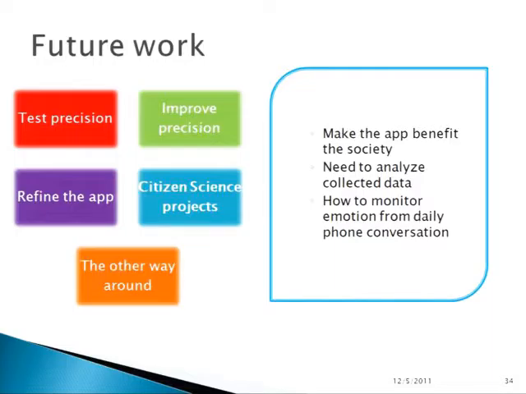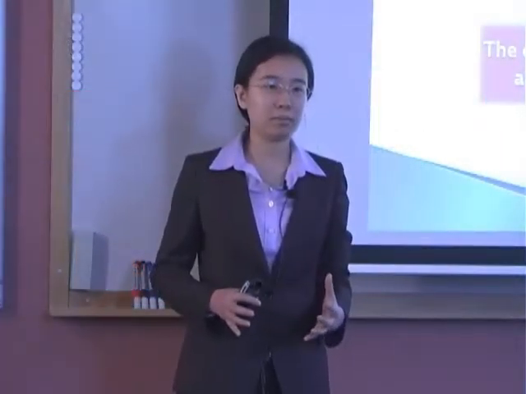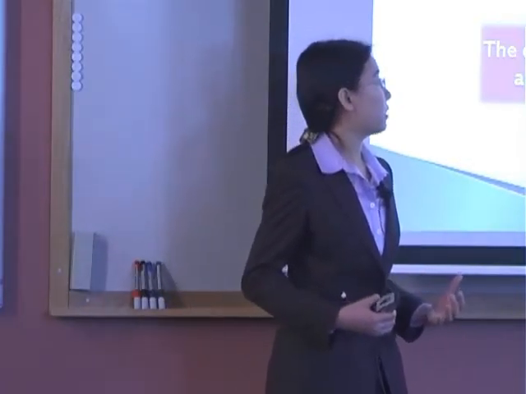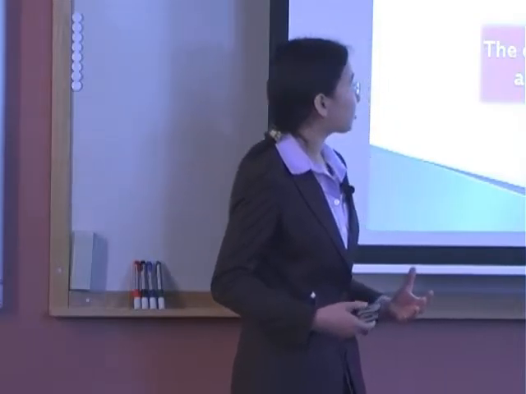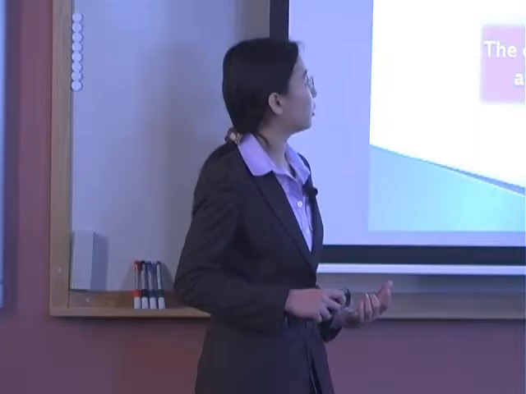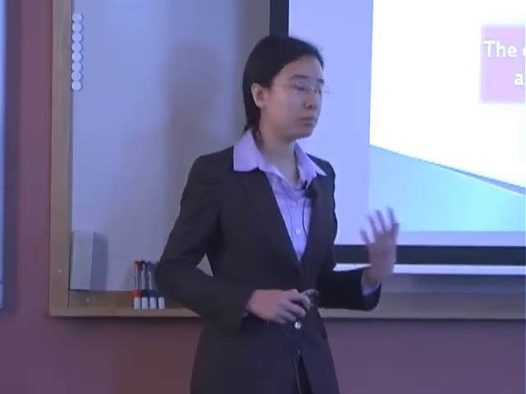Also, this app now is only a standalone app, so we want to integrate that to a real citizen science project which can benefit the society. And after getting the data from real users, we can analyze the collected data. Maybe we'll have some new findings and some new ways to improve the accuracy.